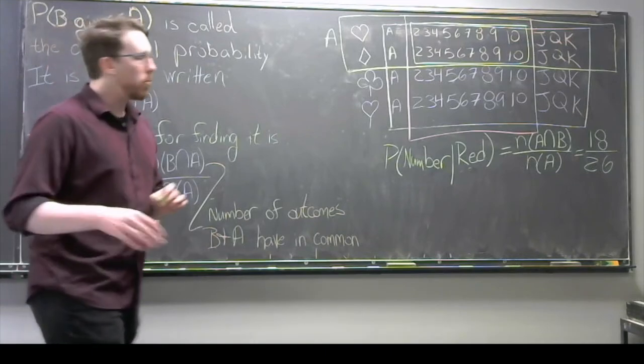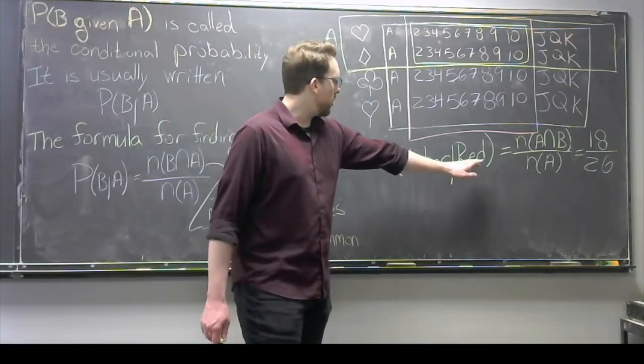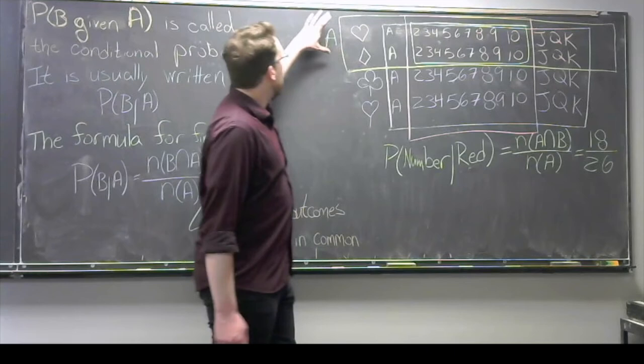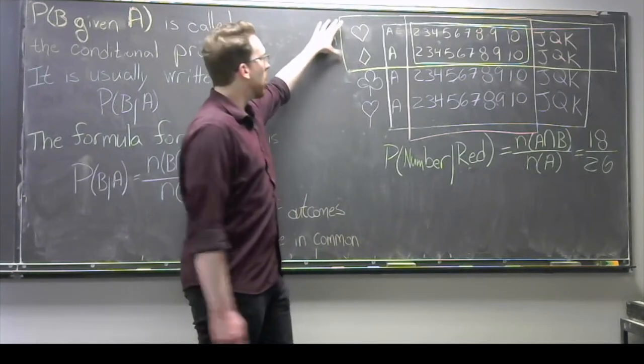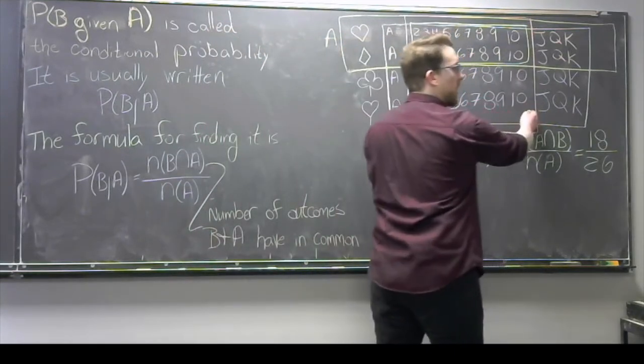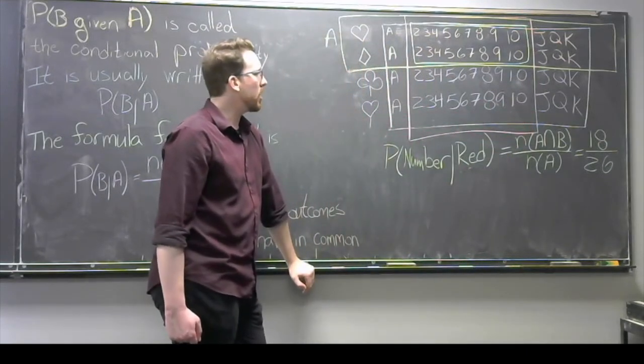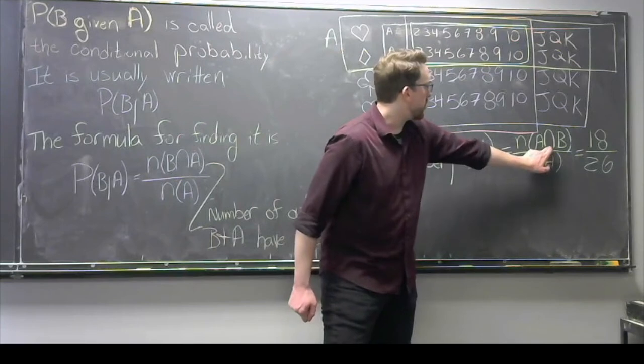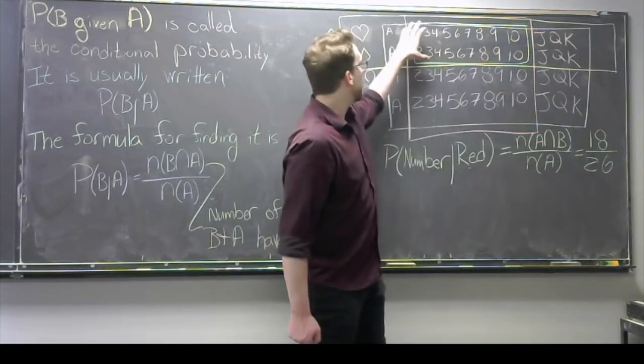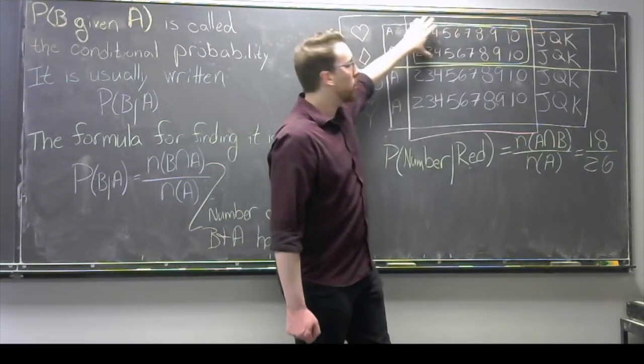The way we found that was, we said, all right, all the red cards, that's up here. All the number cards, that's these right here. What do they have in common? What is A intersection B? Well, it's just these 18 cards here.